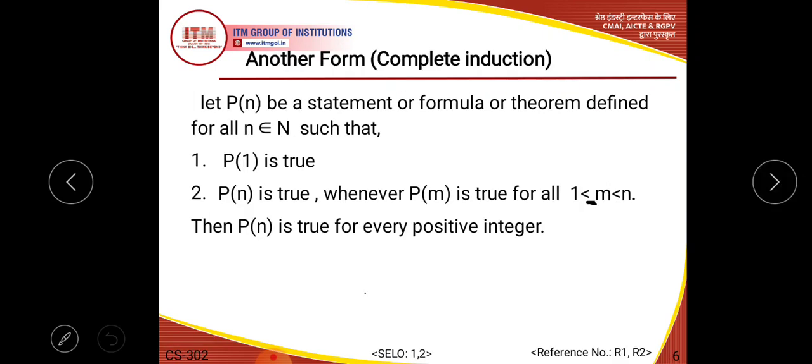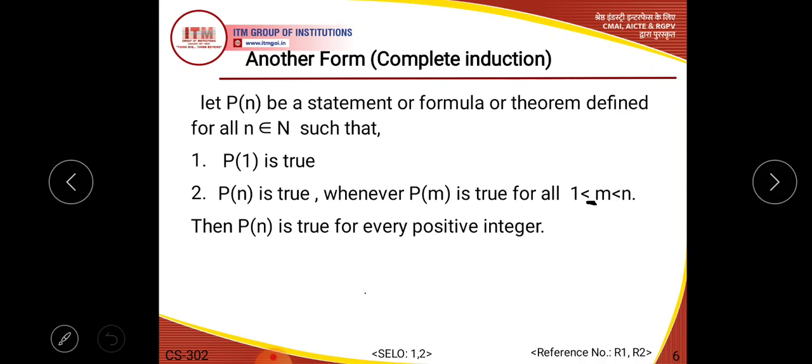Now another form of mathematical induction. We can also say complete induction, which is similar to mathematical induction. Let P(n) be a statement or formula or theorem defined for all n belonging to N such that P(1) is true. You have to prove the statement or formula for P(1) by putting n equals 1 in that formula.